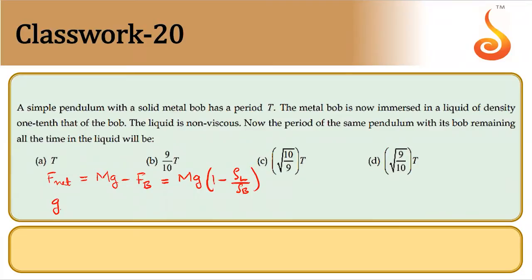So effective value of g, I call it g effective, should be equal to g into 1 minus rho L by rho B, which is given as 1/10. So that will be 9/10 g.